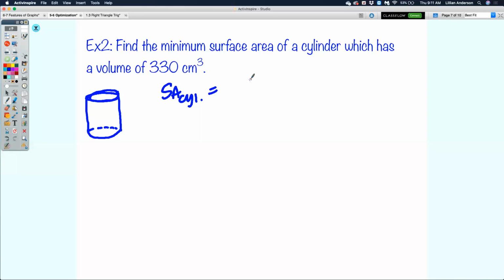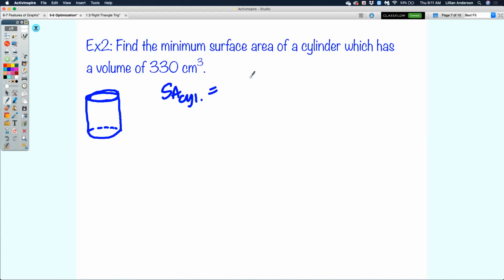Well, yeah, the right idea. It is the area of the circle, not just one, but there's two for the top and the bottom. And then that rectangle that basically goes around to create that lateral area.